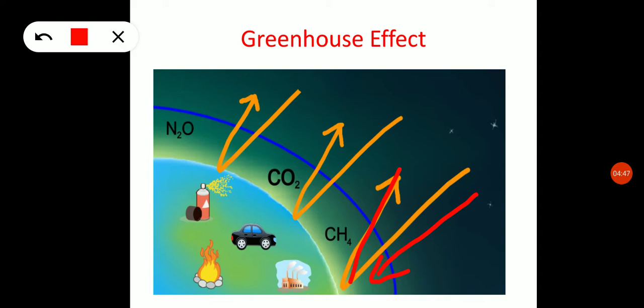Why is it becoming excessive in the atmosphere? Why has carbon dioxide been increasing? Because of deforestation. Deforestation means cutting of trees. If trees are cut, the carbon dioxide will not be utilized, hence its concentration in the air becomes more. So it acts as a pollutant.